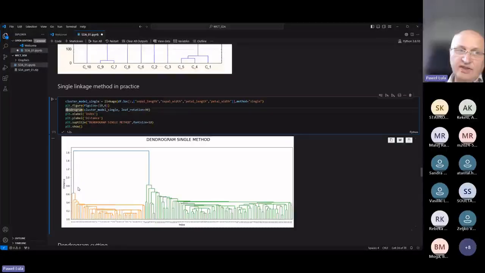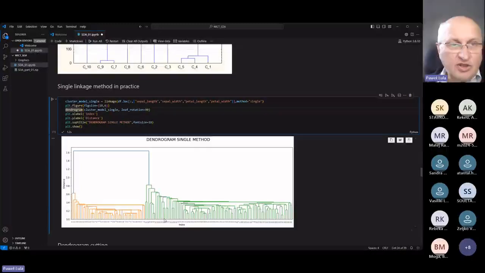Because we know that in our dataset we have 150 objects belonging to 3 types of irises, 3 species of irises. And every species is represented by 50 flowers. So here, I think, one type of irises was recognized properly. But here, I'm not sure that the results are correct. I know that they are not correct, but we will check it.